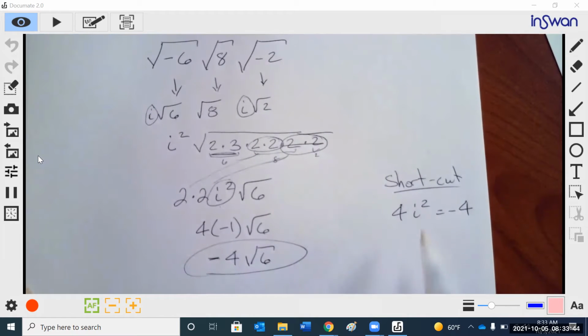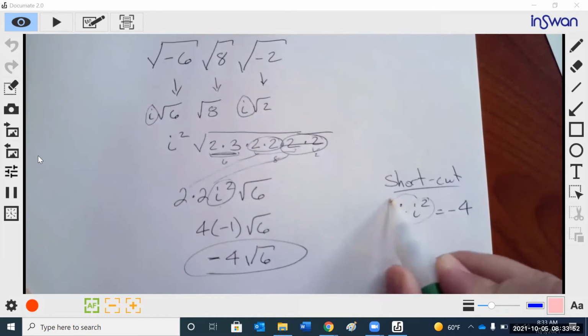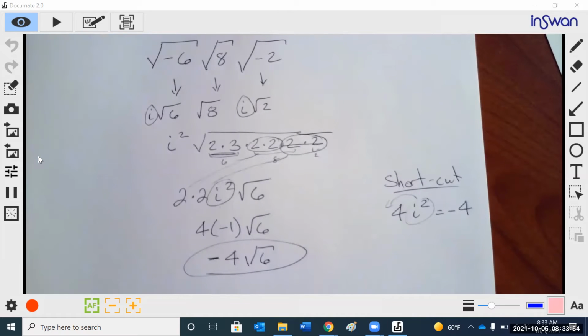Shortcut: any number times i squared, because we know that i squared is -1, all this really does is change the sign of its coefficient. That's all it does. That's a shortcut. So far, so good.